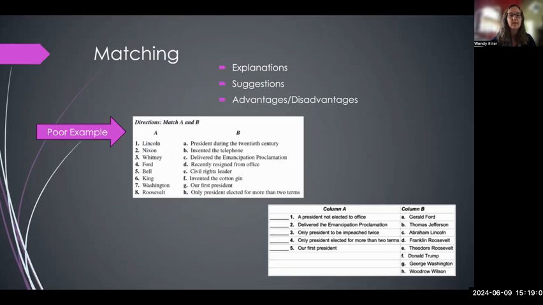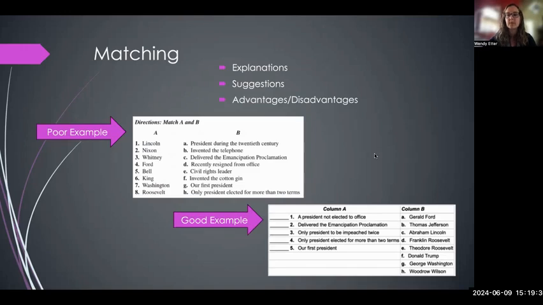Also, we have a mixture of topics. We have presidents and inventors and civil rights leaders all within the same set of matching. So for the test taker, they could use that to their advantage to help them eliminate and guess, even if they don't know for sure which one it is, or it could be confusing as to which Ford or what Bell they're talking about because there's not first names.